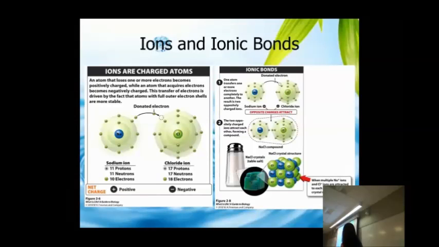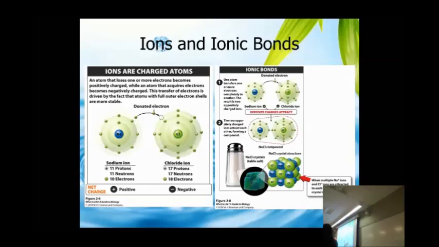So the next type of bonding we're going to talk about is ionic bonding. Ions are charged atoms. One of the most common ones that we talk about in biology is sodium chloride, or regular old table salt. The sodium ion has 11 protons and 10 electrons, so it's got a positive charge to it.